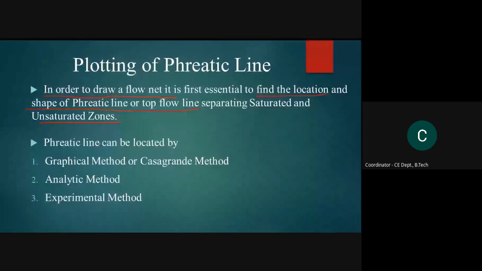The purpose of plotting a phreatic line is to separate the saturated and unsaturated zones, and first of all we have to find the location and draw the shape of the phreatic line in order to separate these two zones.